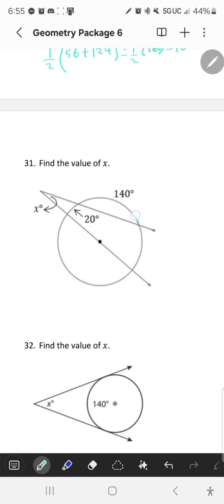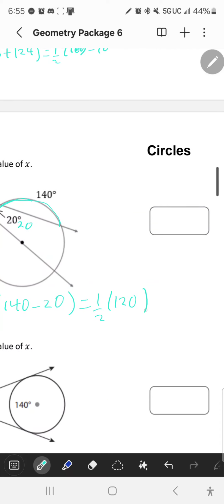This is the big arc, 140, and this is the small arc, which is 20. So x is going to be equal to half of the big arc, 140, minus the small arc, 20. So 140 minus 20 is 120. One half of 120, 120 divided by 2, is 60.